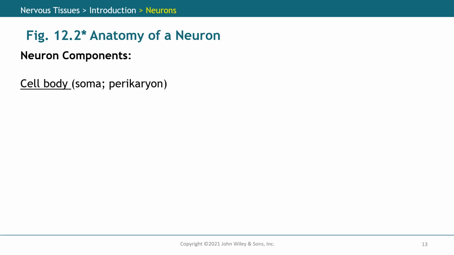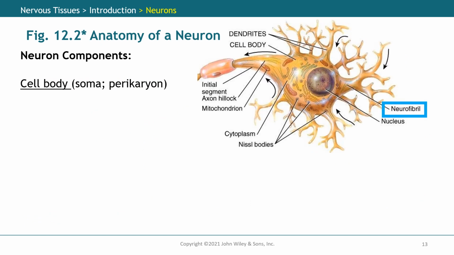Okay, so we are talking about the cell body. We already talked about the nucleus. We already talked about this association between the rough endoplasmic reticulum and the polyribosomes. And now we're going to talk about this. In blue, you see the neurofibrils. So you see them here, going to the axon.